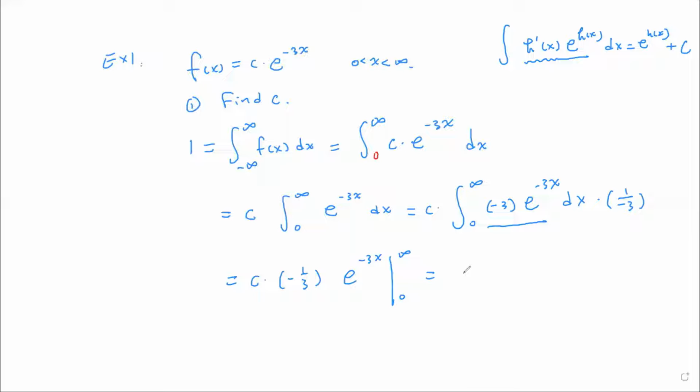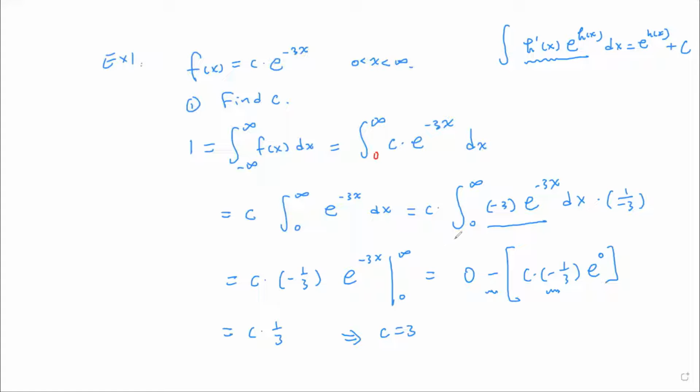So we simply write 0, and then we have a minus, and you have c times negative 1/3 e to the 0, which is 1. Don't forget, there's a negative sign here. This negative sign will be canceled out by this negative sign. So in the end, I have c times 1/3. Because it's 1, I know c equals 3.